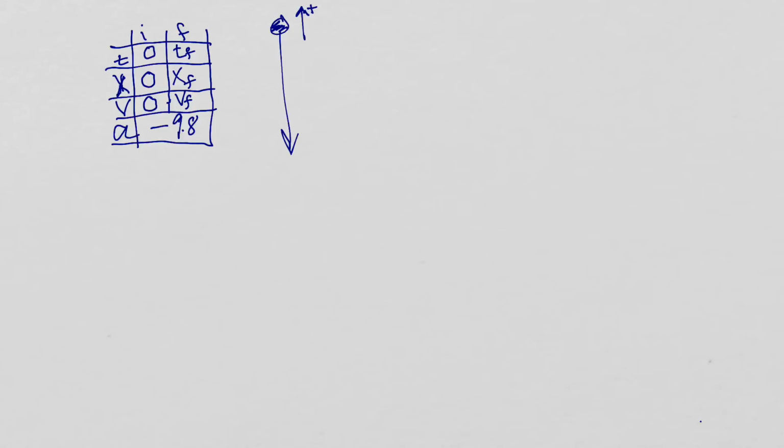Now, let's say I want to know where it is after 3 seconds. Then I know my tf. And I can find, using the equations of constant acceleration, the final position and the final velocity.